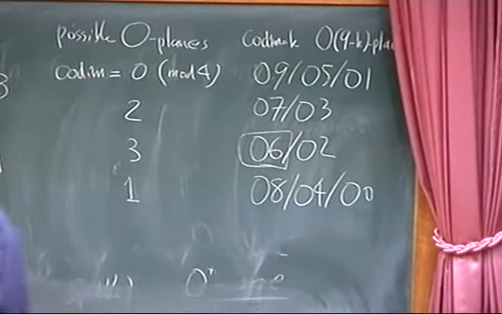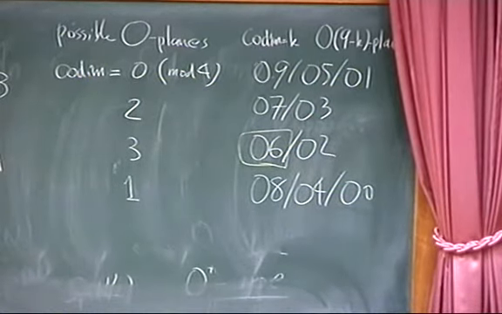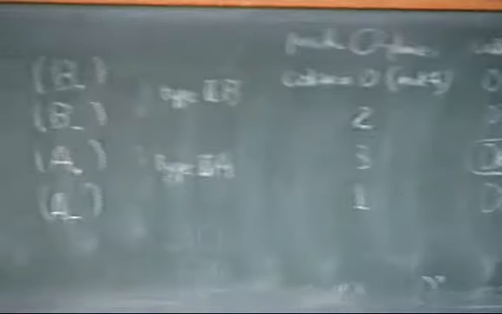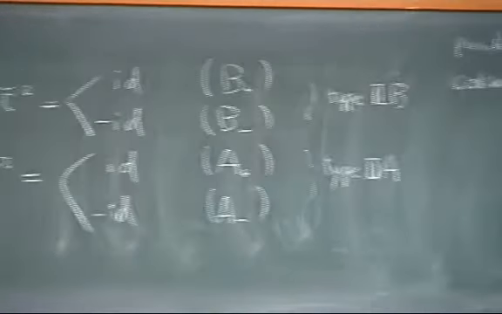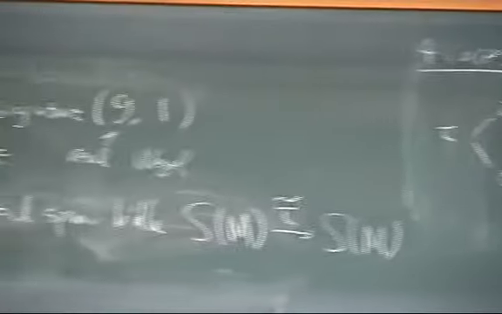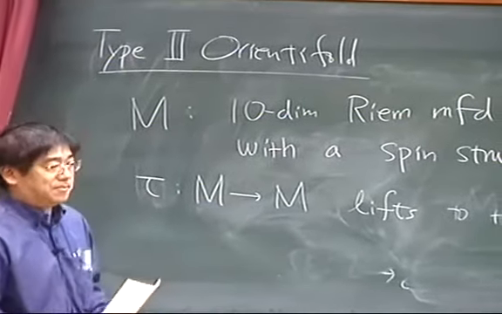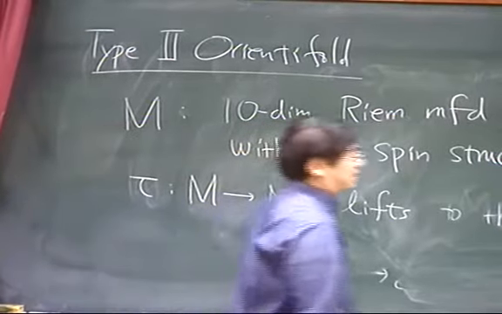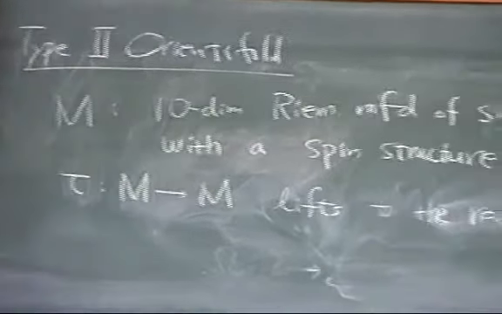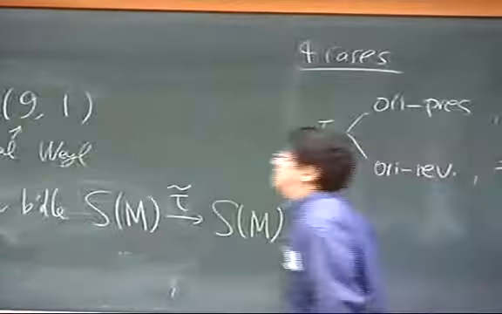Okay. So what I want to do from here is to see what kind of projection condition you get for the D-branes and open strings in these theories.